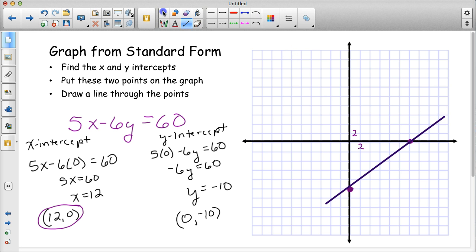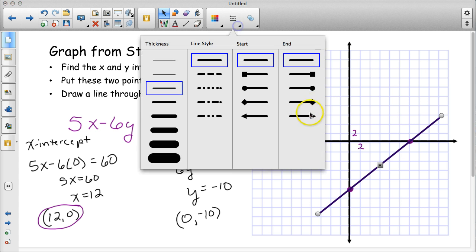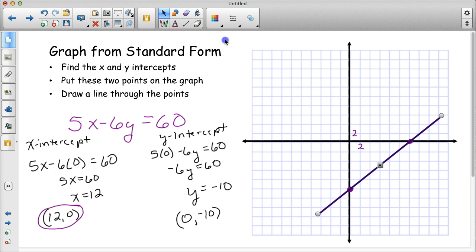Now with a straight edge, you'll have a little bit easier time lining these up than I did. But I think you understand what we're doing here. Of course, what do we always put on the end of our lines? Arrows. So now we've graphed from standard form.